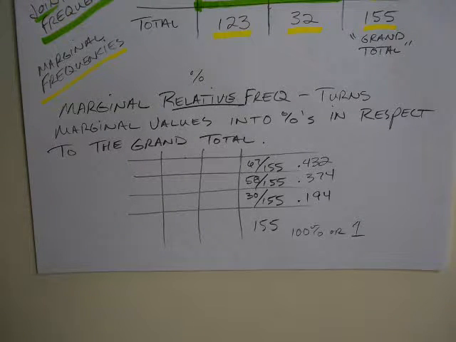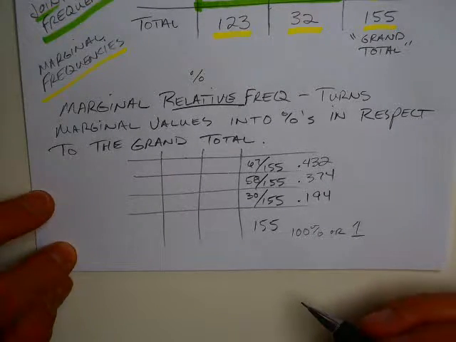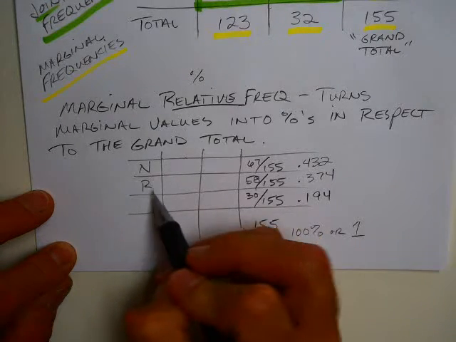Now, if I add all of these decimal values, these are percents. Statistics doesn't care if you write it as a percent or write it as a decimal. In my opinion, the more steps you take, the more opportunity you have to write something incorrectly. So I tend to stick with the decimal, but I do flip back and forth. So these are seen as percents. Now, that would be for our never, our rent, and our own.